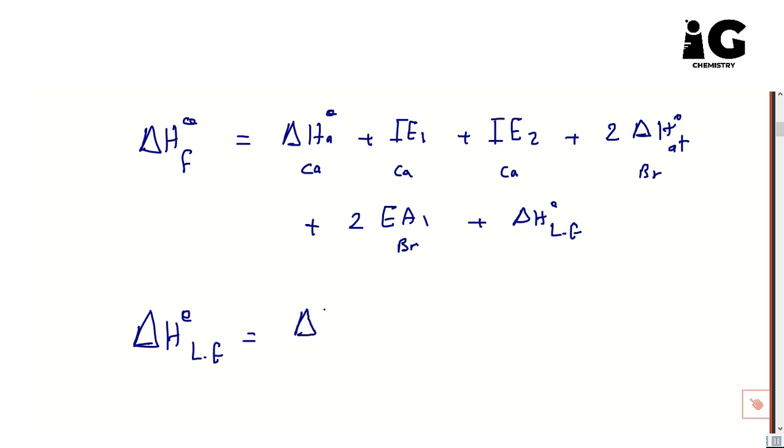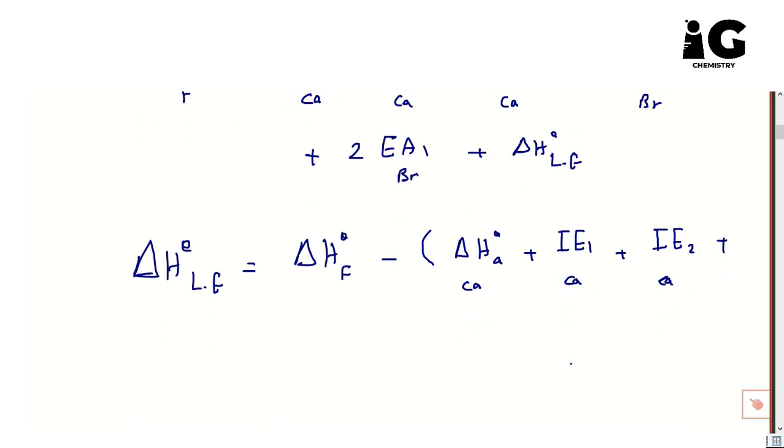So it's going to be delta H formation minus, and then we can put all of this: delta H atomization for calcium, and then ionization energy 1 for calcium, plus ionization energy 2 for calcium, plus 2 times enthalpy change of atomization for bromine, and finally plus 2 times electron affinity 1 for bromine.